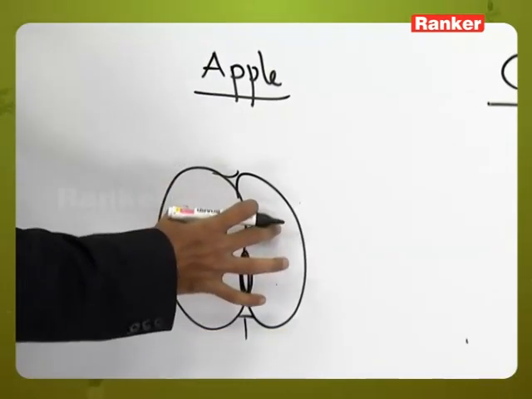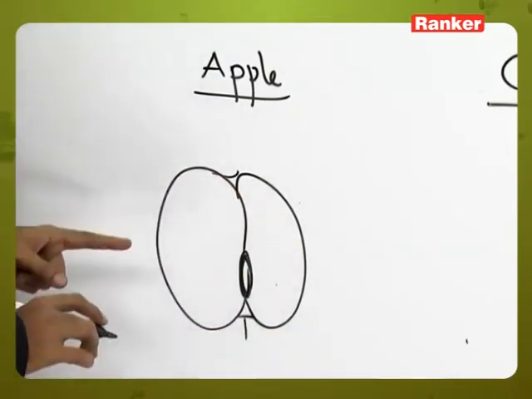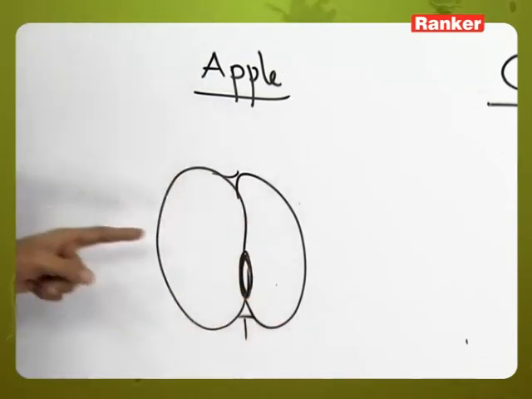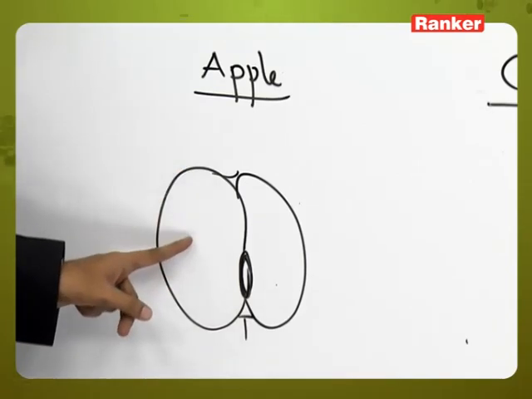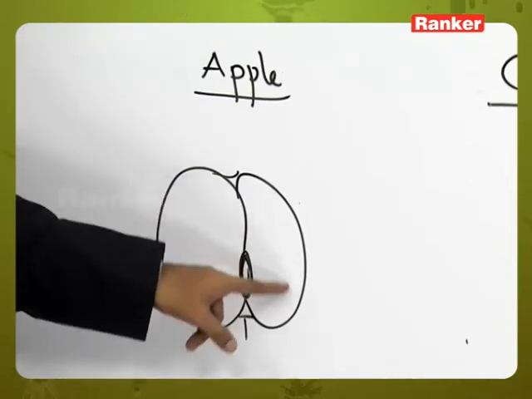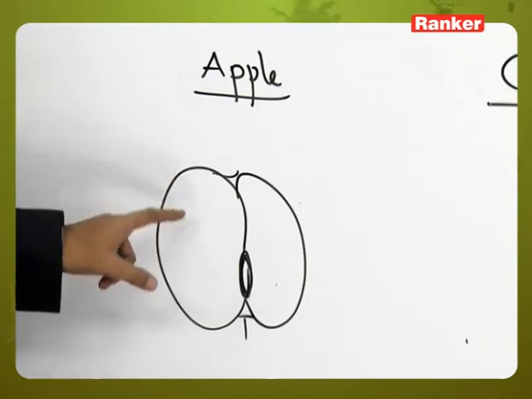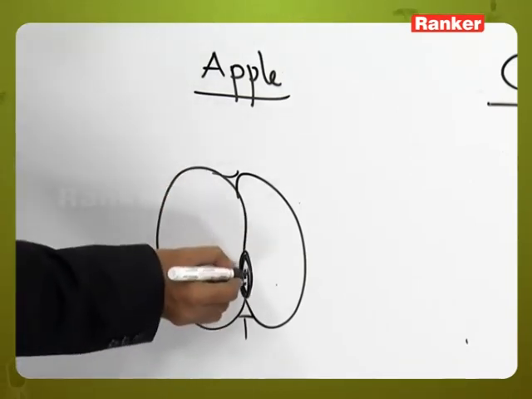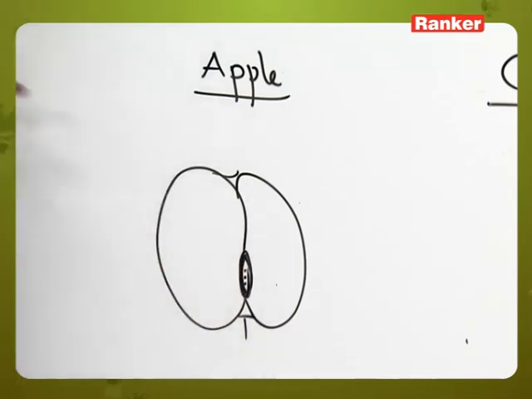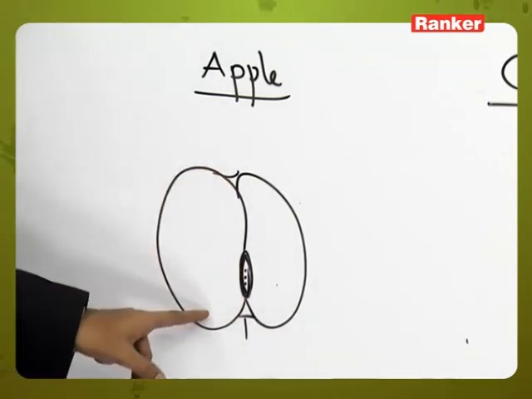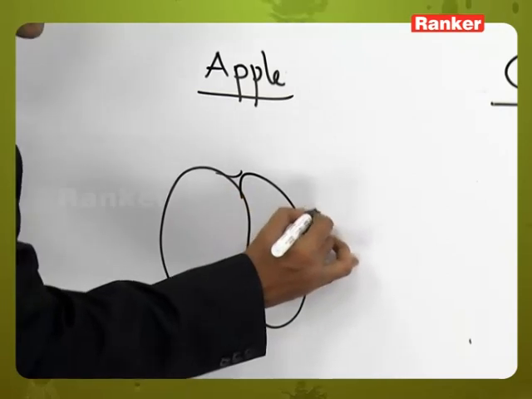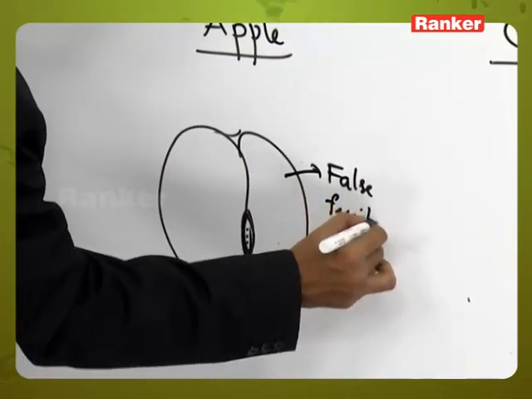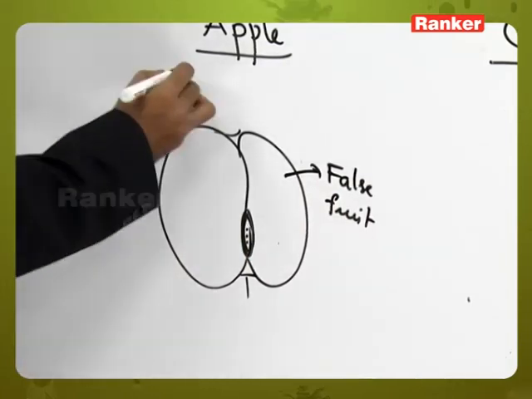The other part is nothing but thalamus. The thalamus is developing into false fruit. It is fleshy and it is storing food material. Seeds are present, but it is called as true fruit. So the fleshy part is false fruit. The false fruit is developing from thalamus in apple.